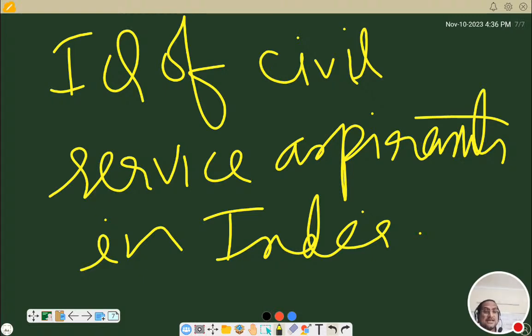UPSC preparation is resource intensive, especially when the coaching institutions have such a way in which they make everything complex. You might know a few of the coaching institutions which have come up of late. They are being run by those officers who had joined the services but left.